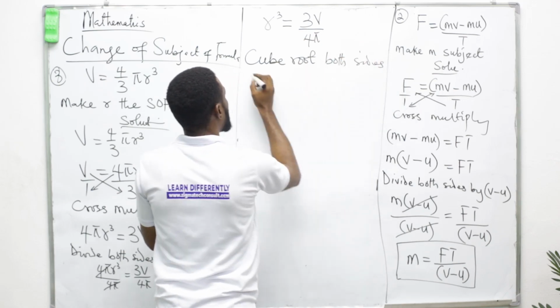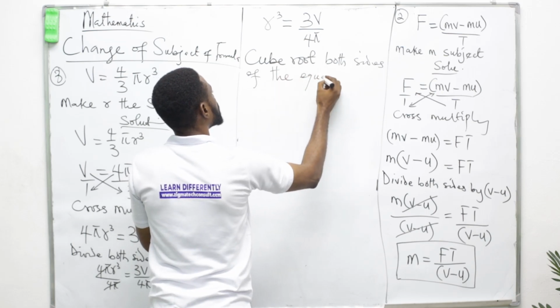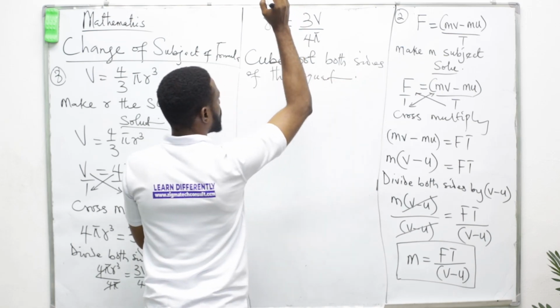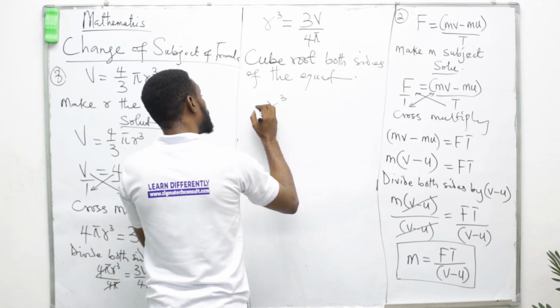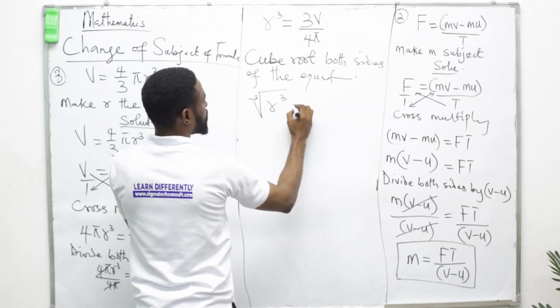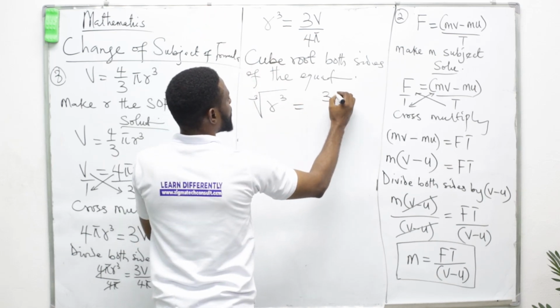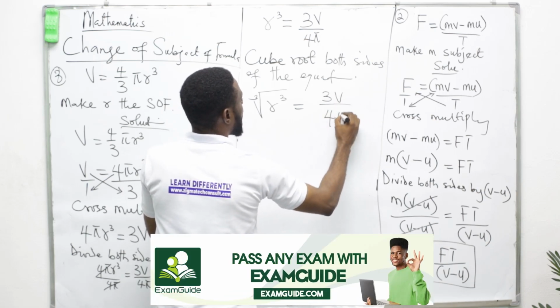Sides of the equation. All right? So this will mean R cubed, we take the cube root of both sides, is equal to the cube root of 3V over 4 pi.